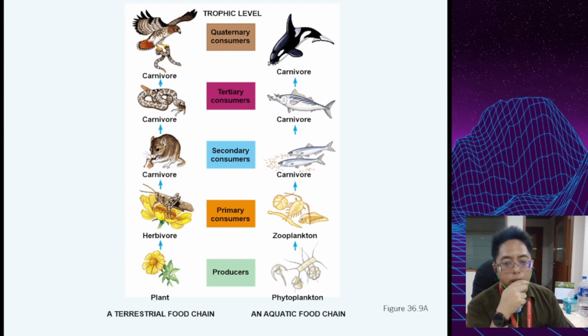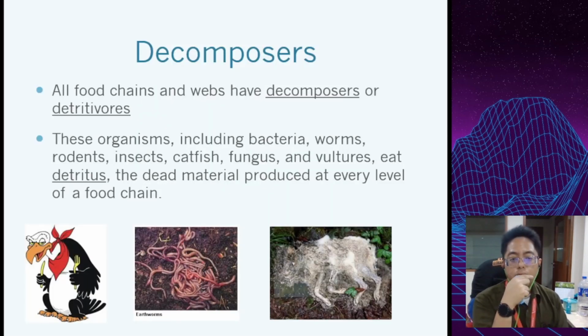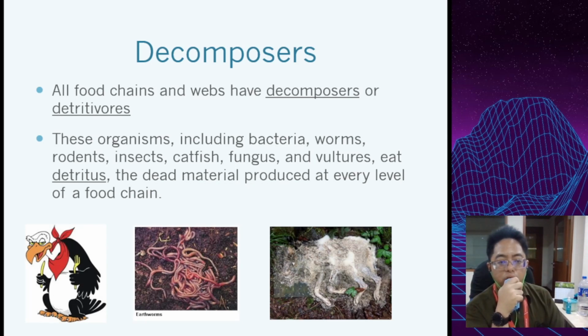In the aquatic food chain, usually it is the whales, the killer whales, the dolphins. Alright, for decomposers, all food chains and webs have decomposers or detritivores. These organisms, including bacteria, worms, rodents, insects, catfish, fungus, vultures, eat everything produced by every level of the food chain.